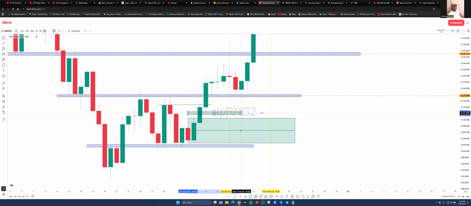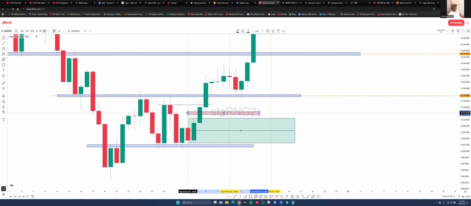So remember, I'm using the pink color for the fair value gap and the green for the order block. Okay, so this is also a D1 order block. Yeah, this daily order block, daily fair value gap rather.